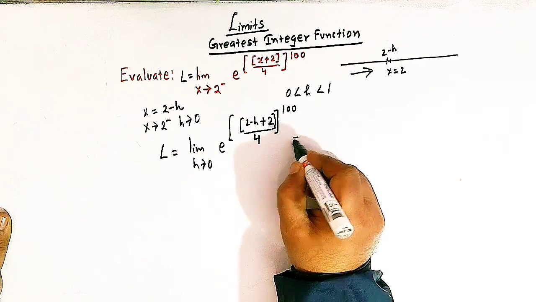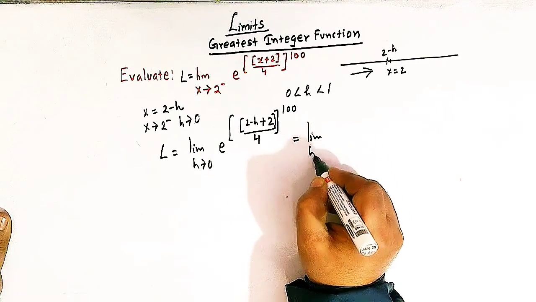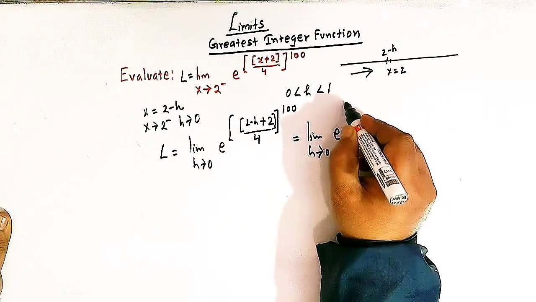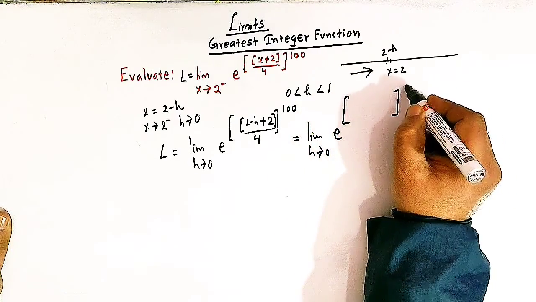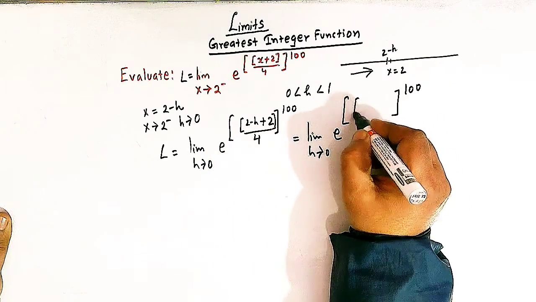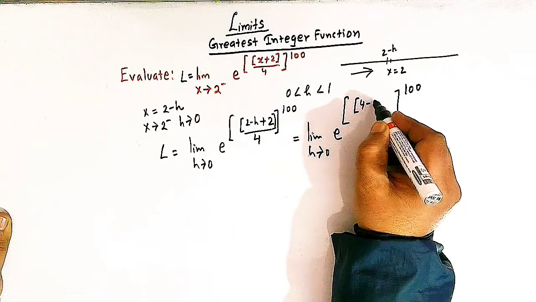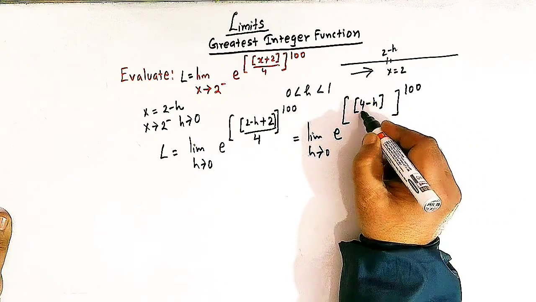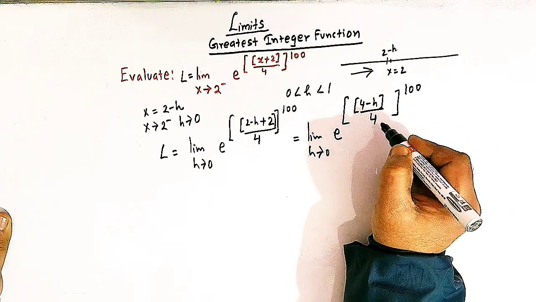Okay, so now we can write limit h tends to 0 e raised to greatest integer, here we have 100. This is 2 plus 2, 4. So we have greatest integer of 4 minus h divided by 4.